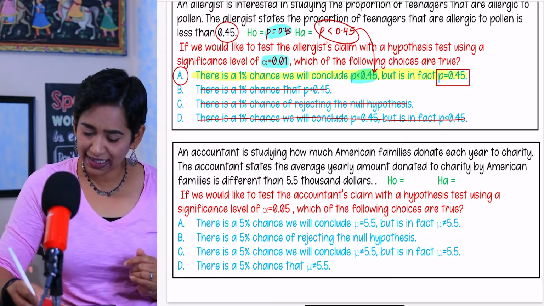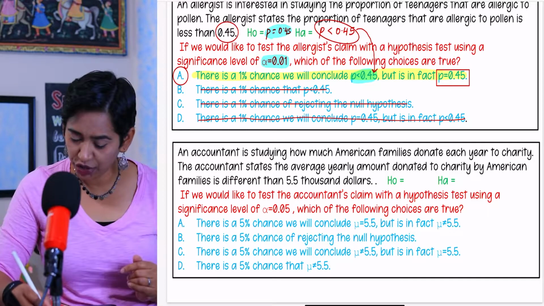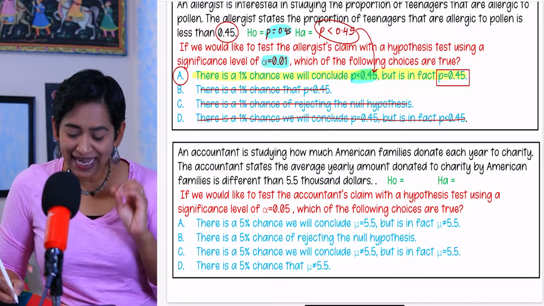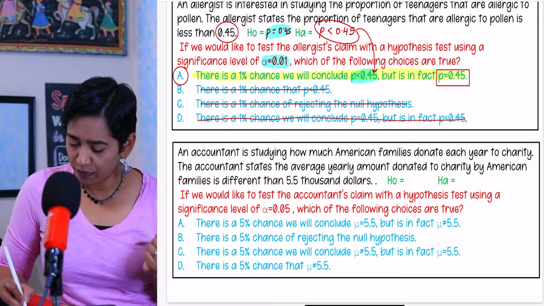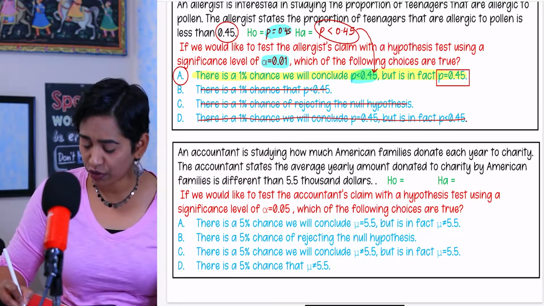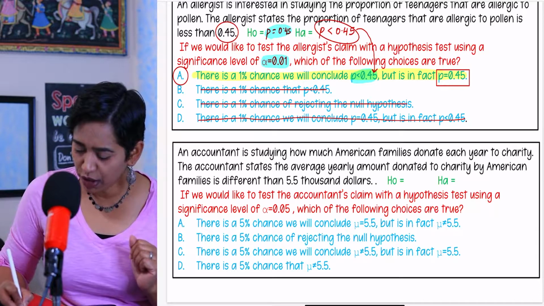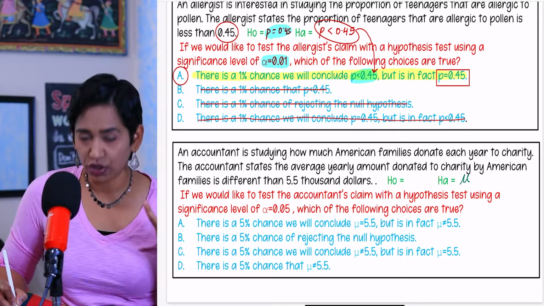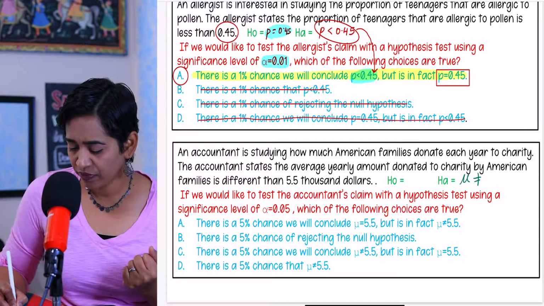So let's go ahead and take a look here. I'm going to change my pen color to green. And he says the average is mu. So keep in mind proportion is P, average is mu. You should know those symbols by now. So mu, he says it's different. That means it's not equal to 5.5 thousand.